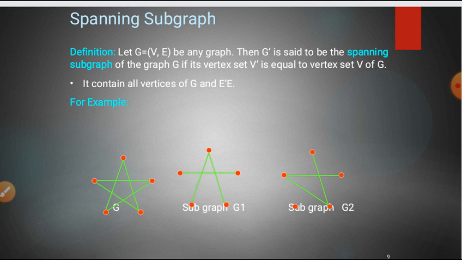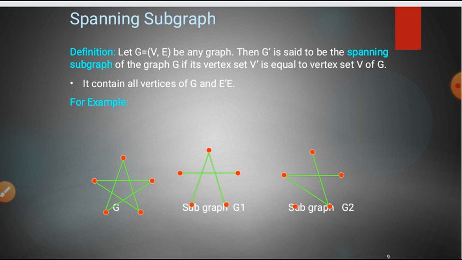Then G dash is said to be a spanning subgraph of graph G if its vertex set V dash is equal to the vertex set V of G, that is, it contains all vertices of G. Let's see some examples so we understand the definition better. See graph G, in which we plotted a star with the help of 5 vertices.